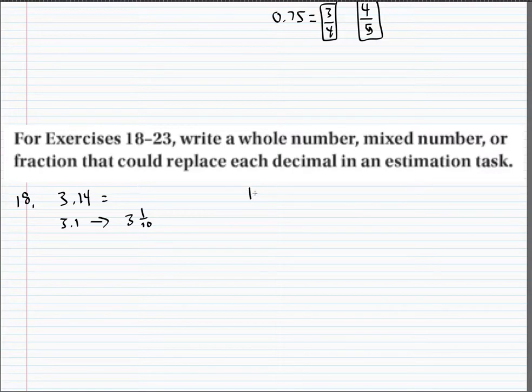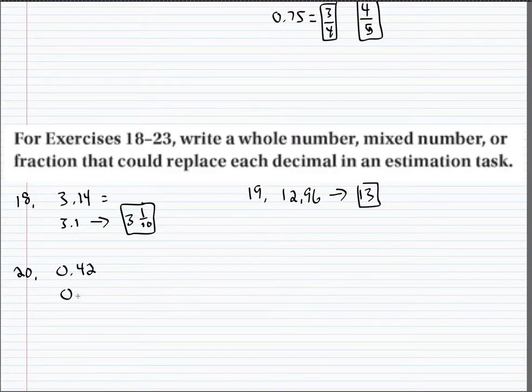Number 19, we have 12.96, or 12 and 96 hundredths, which is pretty close to the acceptable answer we gave today in class, 13. For number 20, we're given 0.42, and the closest benchmark to that would be 0.4, which we said was 4/10, which reduces to 2/5.